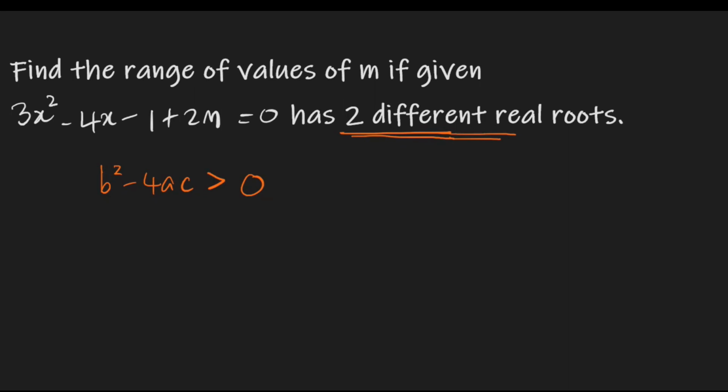So let's say now we have this equation, and what is the b? The b here is the coefficient of the x, and the a is the coefficient of the x squared, and the remaining values will be the c. I always prefer to write the negative behind, to avoid any careless mistakes.